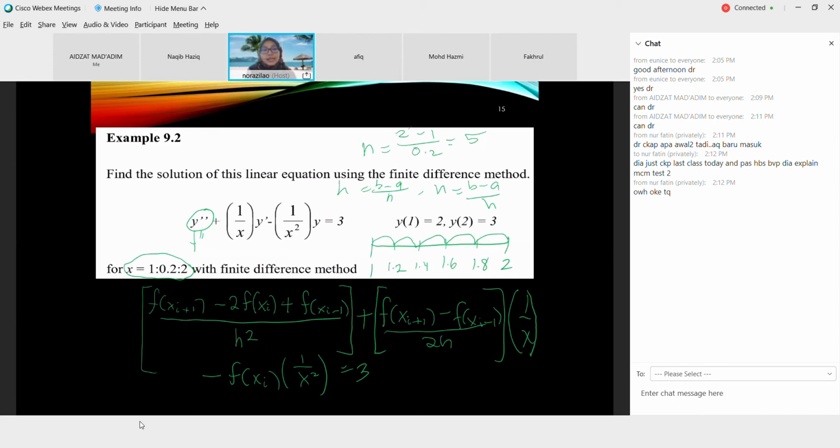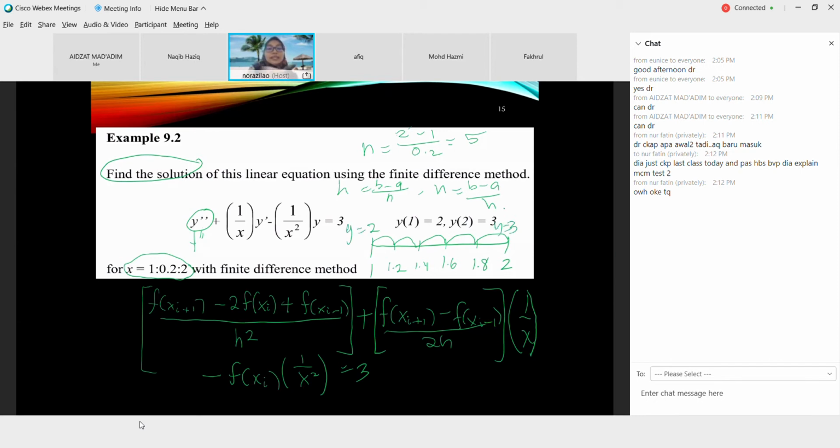Okay, and then the question asks you find the solution of this linear equation using finite difference. It means that you want to know what is the y value. Okay, so here you know y at 1 is 2, y at 2 is 3.